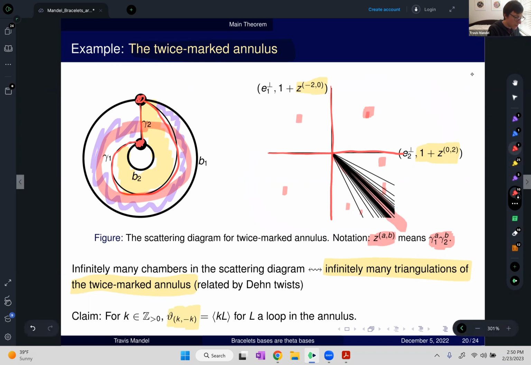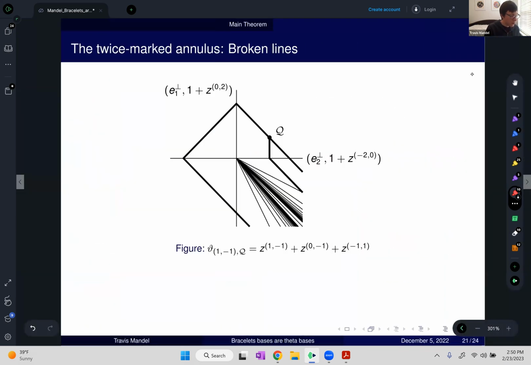So you can take a vector like this, (k, negative k), and there's a corresponding theta function, and we claim that theta function corresponds to this loop with weight k. So k times the loop in the annulus. And this can pretty much be checked explicitly. Well, at least the weight one case isn't hard to check explicitly, and you can also get higher weight.